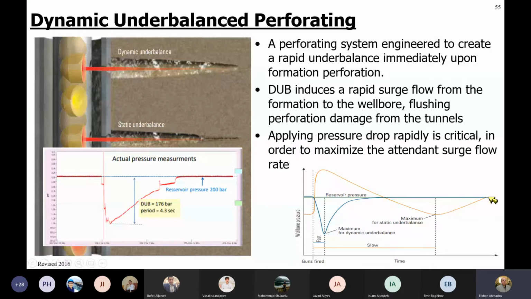Because we are not producing, or even if we are producing at high rates, which is not usual, the balance between the reservoir pressure and the wellbore pressure is getting matched. So the pressure increases, because the reservoir fluid, which is heavier than the wellbore fluid, goes into the wellbore.